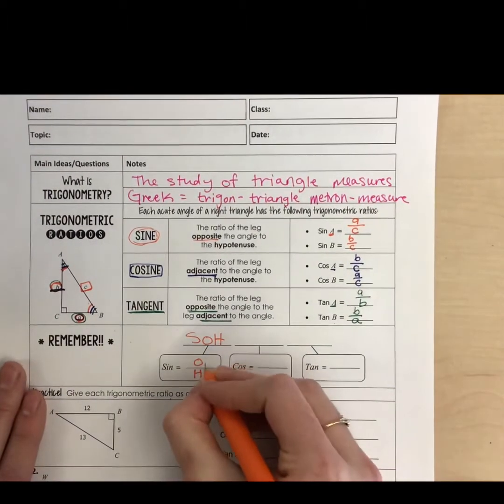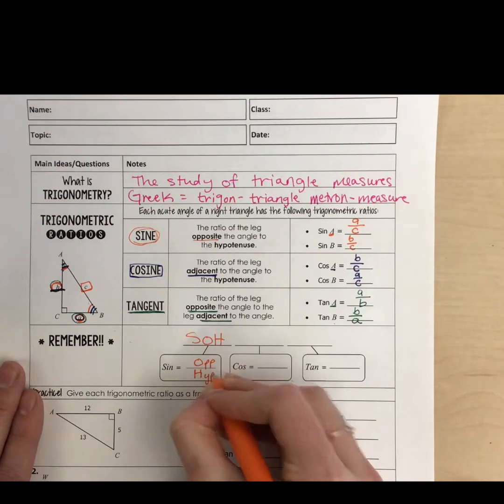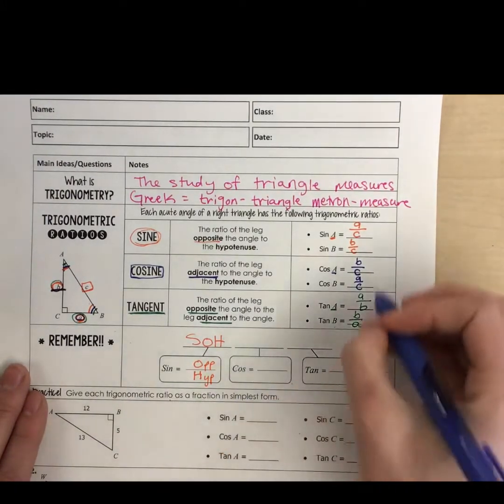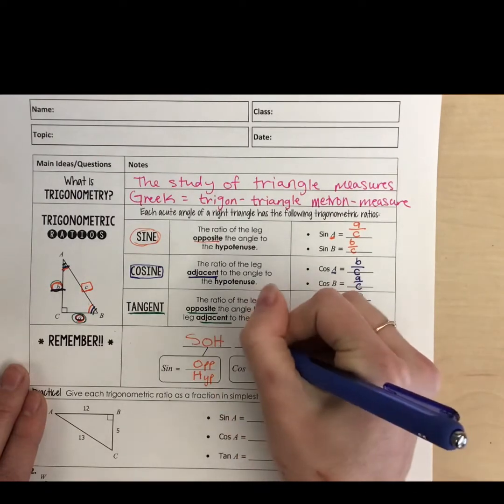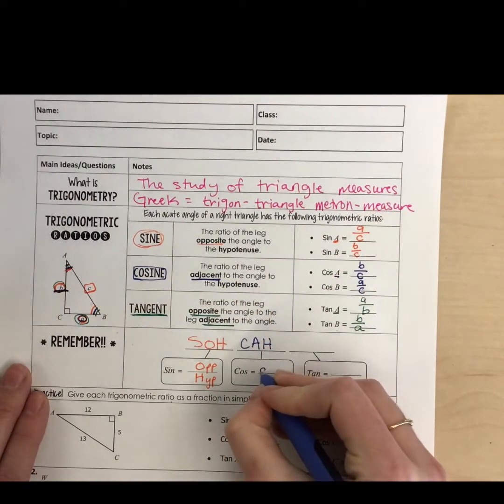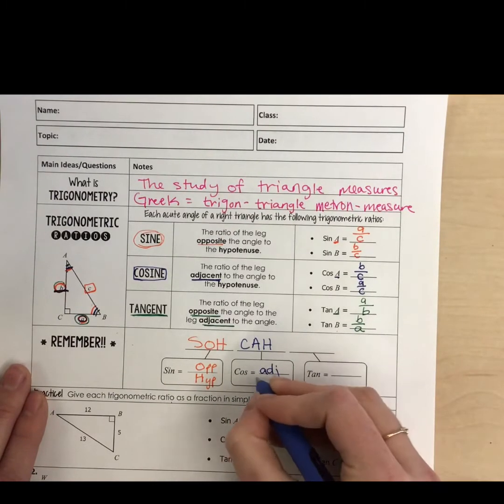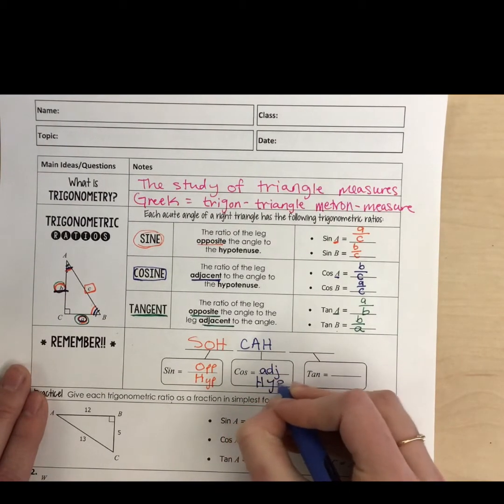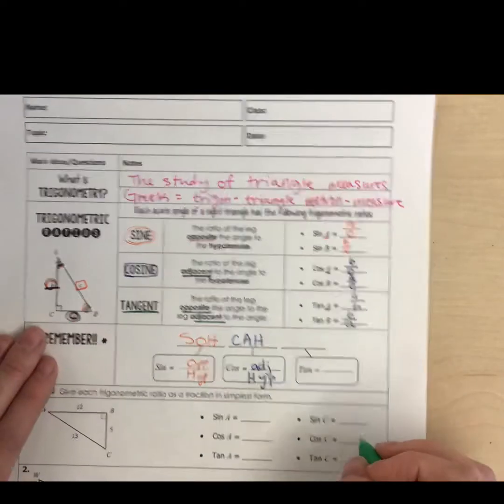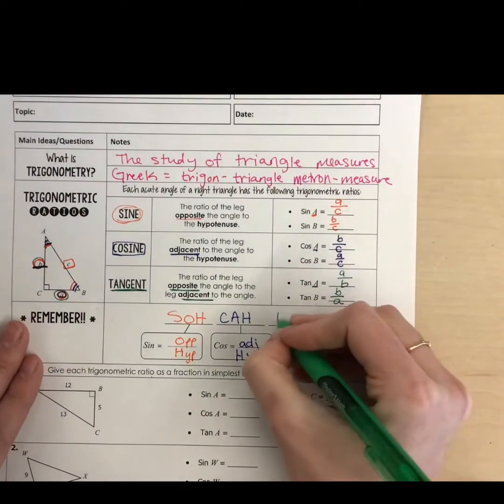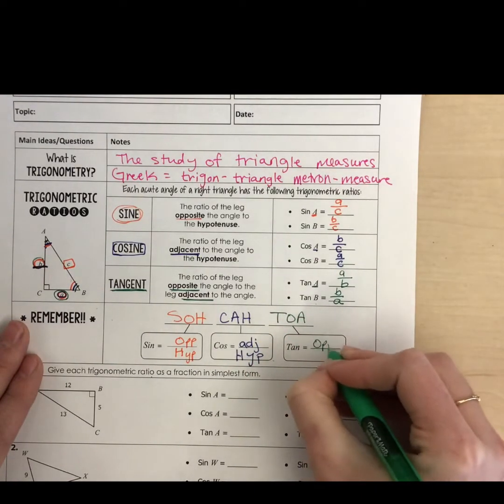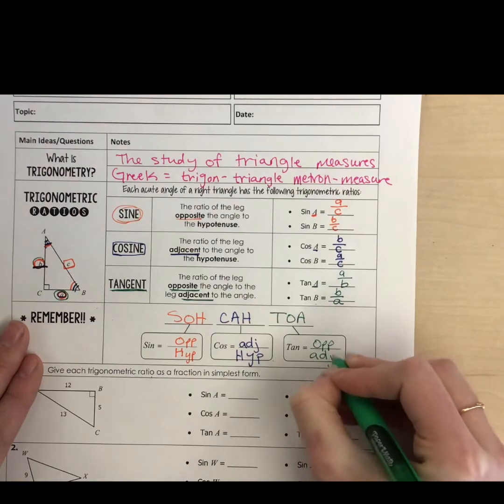For cosine, since it's adjacent and the hypotenuse, we say it's CA, because adjacent starts with A, hypotenuse, H. So we have CA for cosine, and tangent is TOA, because that is opposite with adjacent.